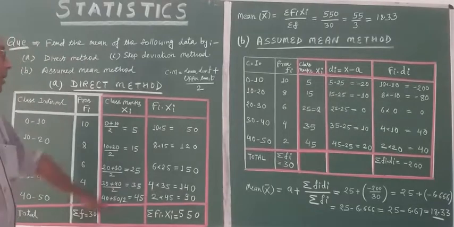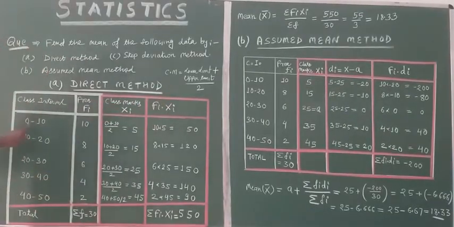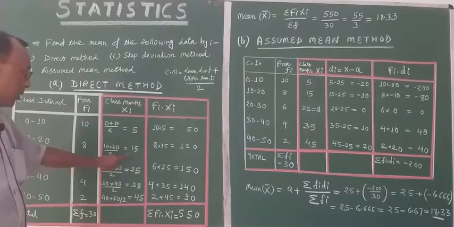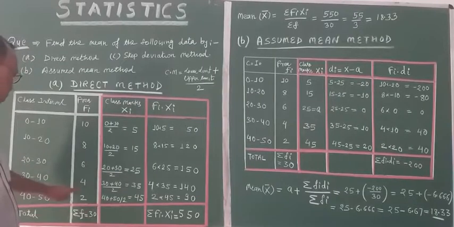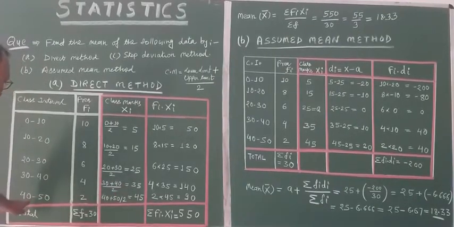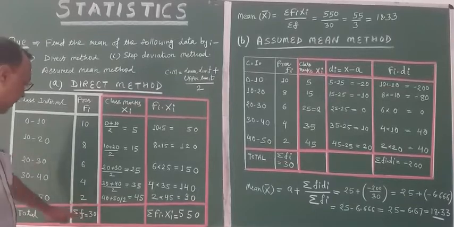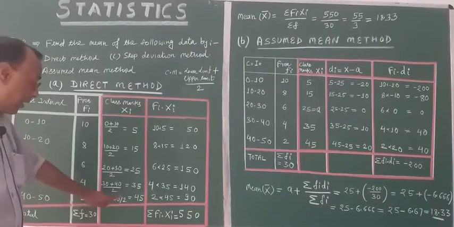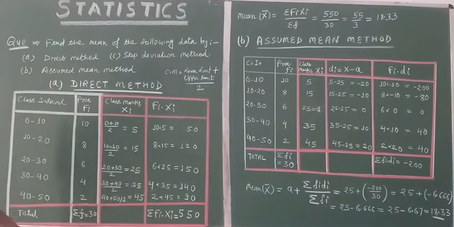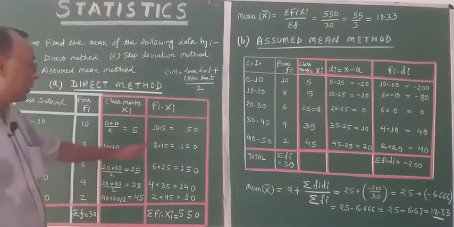Just look here: the lower limit is 0 and upper limit is 10. 0 plus 10 upon 2 is 5. 10 plus 20, lower limit is 10, upper limit is 20, this will come 15. Similarly, 20 plus 30 upon 2 is 25, 30 plus 40 upon 2 is 35. And look at the fifth class interval: the lower limit is 40 and the upper limit is 50. We add them, 40 plus 50 is 90, 90 upon 2 is 45. Now look at the last column.